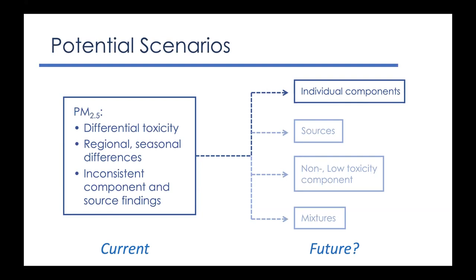Importantly, these measured and modeled exposures are now available over sufficiently long time periods, allowing recent studies to examine the harm posed not only by short-term exposures to the components, but also by long-term exposures to many individual components, as compared to previously, where we were focused really on just sulfur or sulfate in our long-term studies.